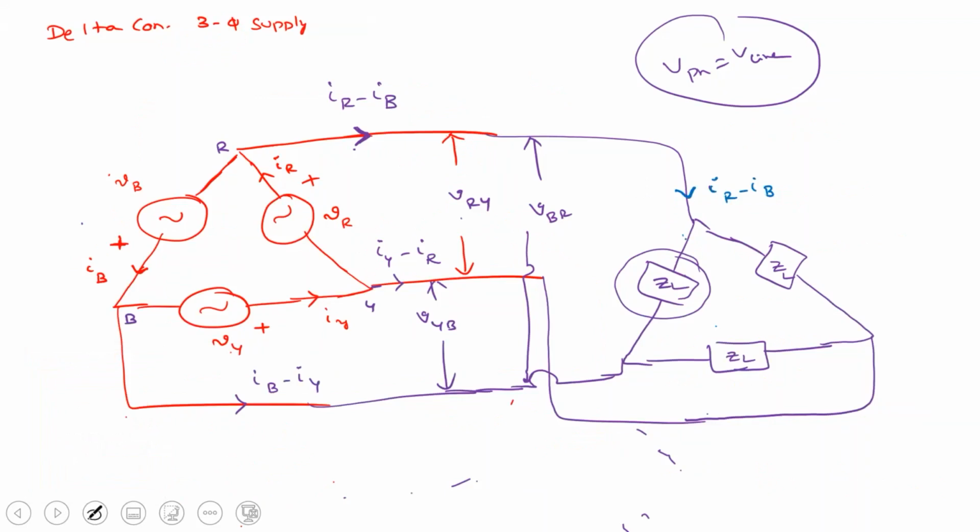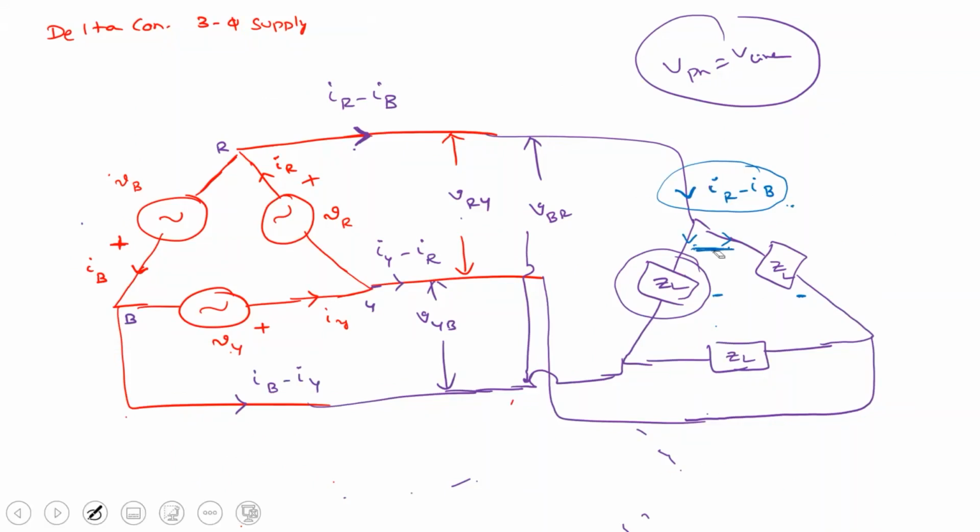So again, this current is split into two parts. This is the phase current of the load, and this is the phase current of the load, and this is the line current of the load, right? Agree? So these two are the phase currents of the load.